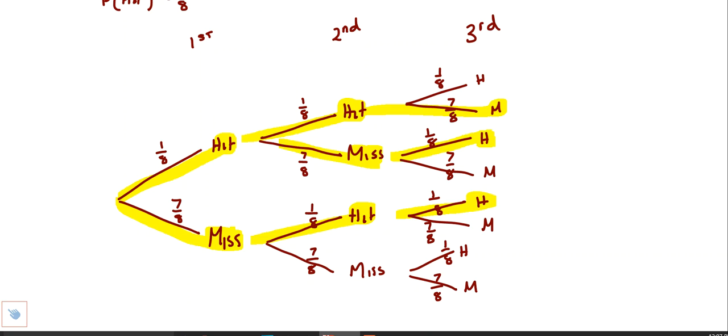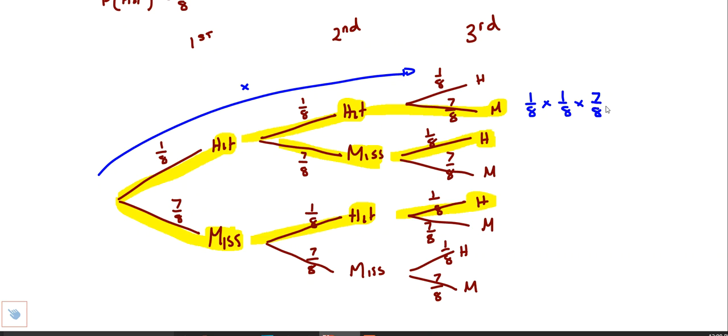So going along the tree, I multiply. Hit, hit, miss is 1/8 times 1/8 times 7/8. The next ones will be the same, just in a different order. Are you okay if I just do times 3?